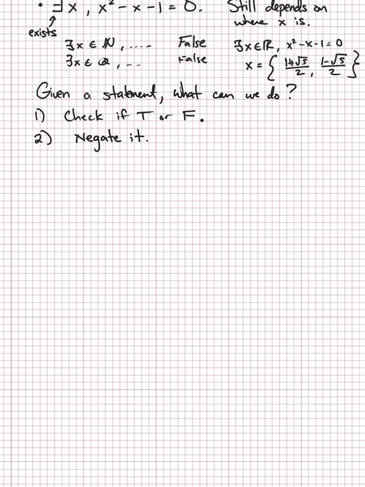Okay, so what do I mean here? Let me give you an example. So P could be the statement, it is Tuesday. And the negation of the statement, not P, is the statement, it is not Tuesday.